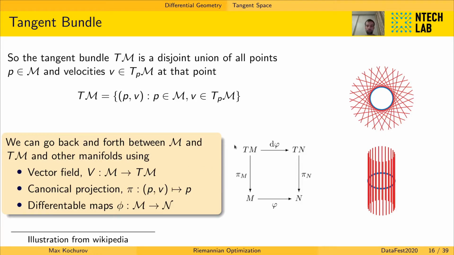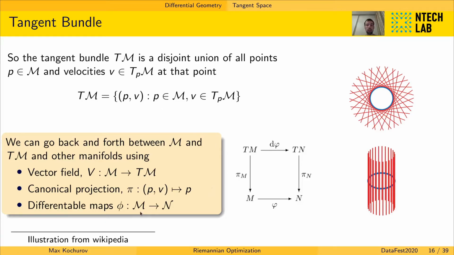Next, the canonical projection, and this arrow. The canonical projection gives you a point out of the point from the tangent bundle. To do that, we just omit the coordinate for the velocity vector, and we only end up with the point.